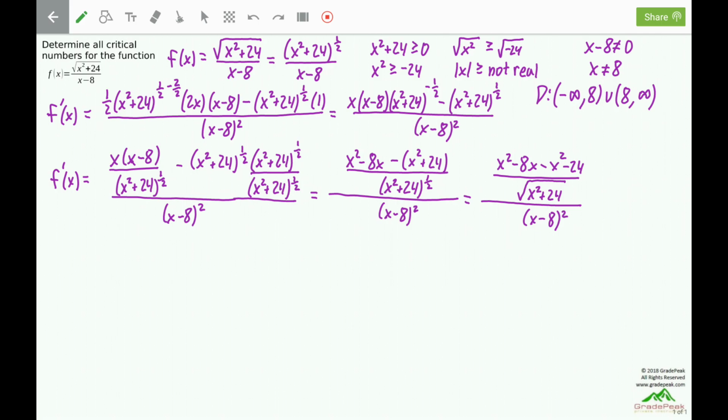In the numerator, like terms can be combined, the x squareds will cancel each other out.